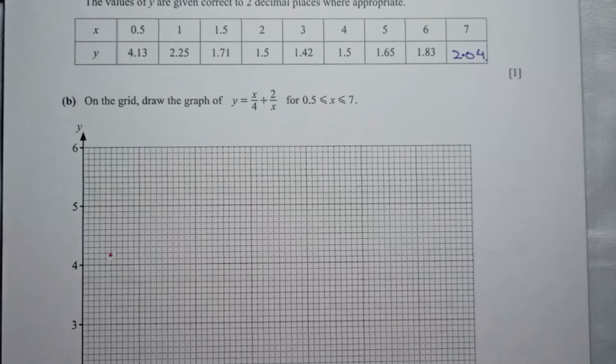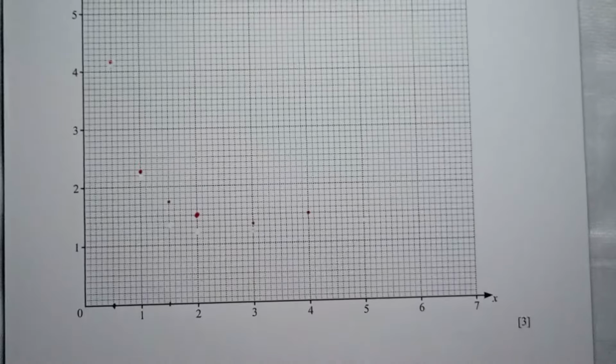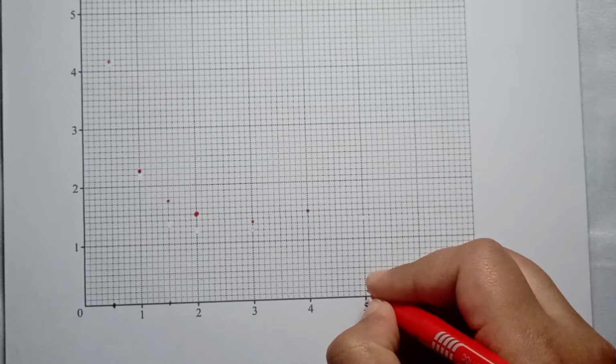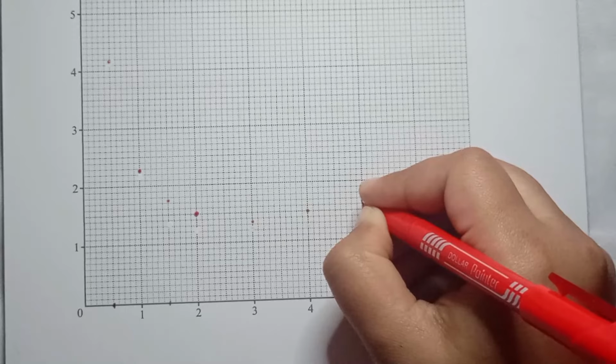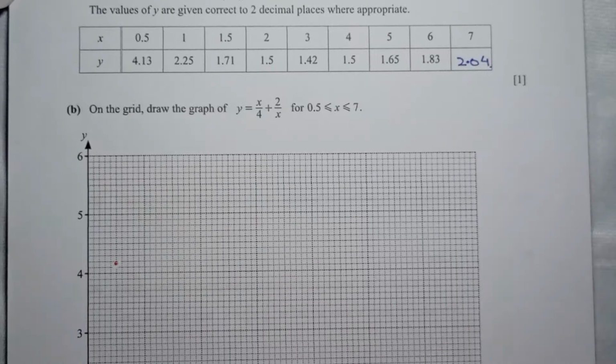Now, when x is equal to 5, it is 1.65. For x equals 6, it is 1.83.